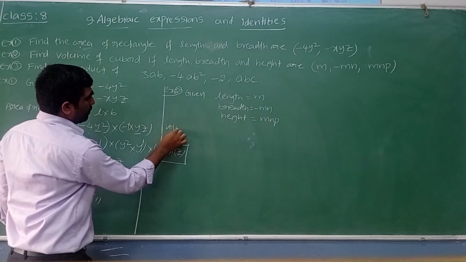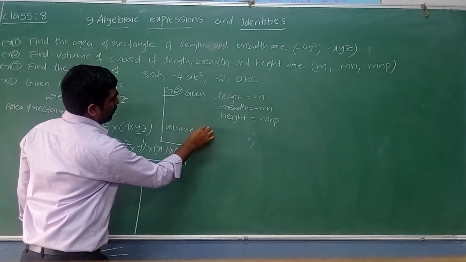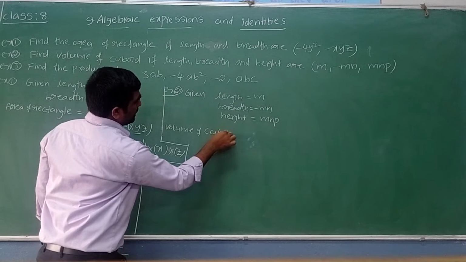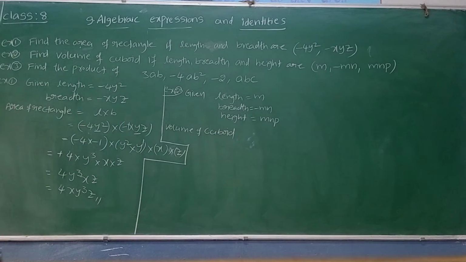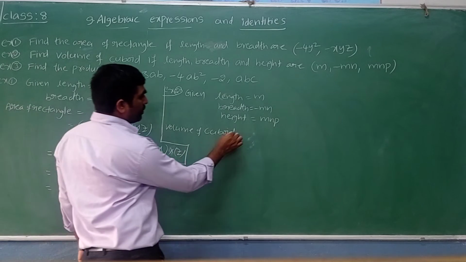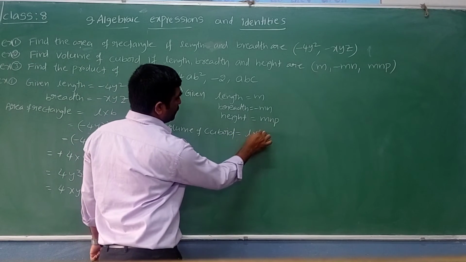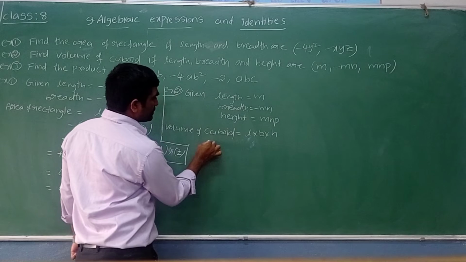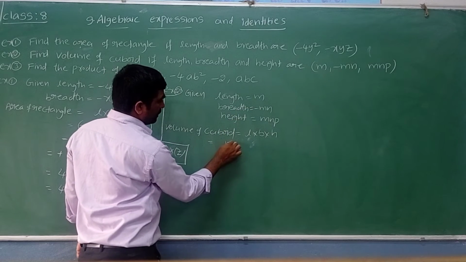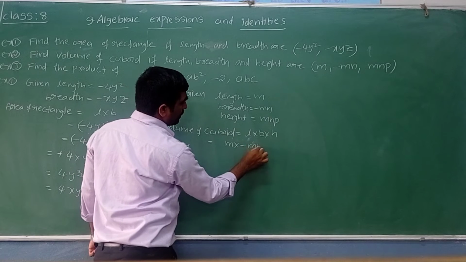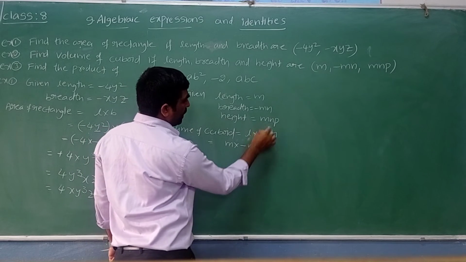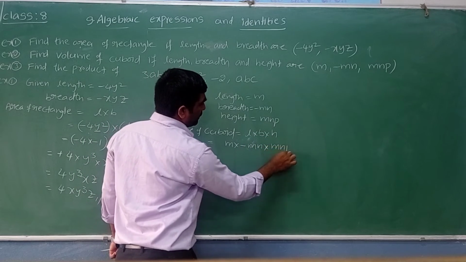Volume is nothing but the inside space of a 3D figure. Area is nothing but the inside space of a 2D figure. Volume of cuboid: what is the formula we have? Length into breadth into height. So length is m, into breadth minus mn, into height mnp.